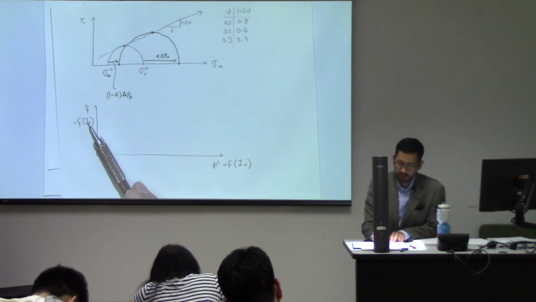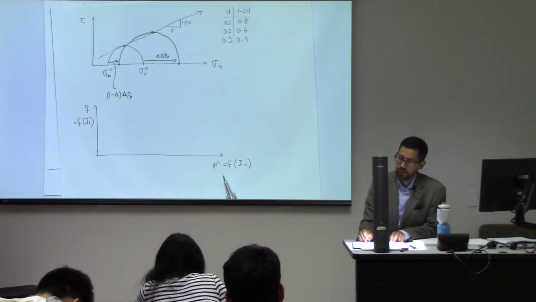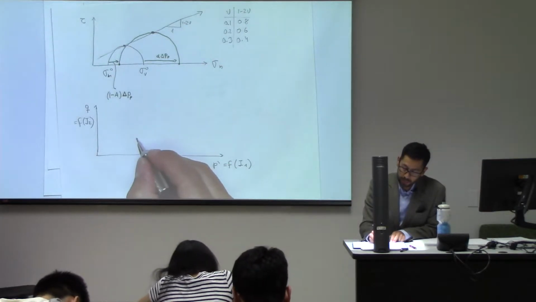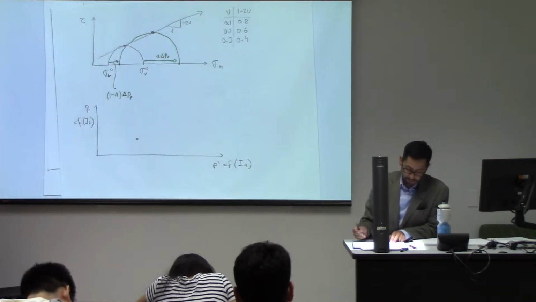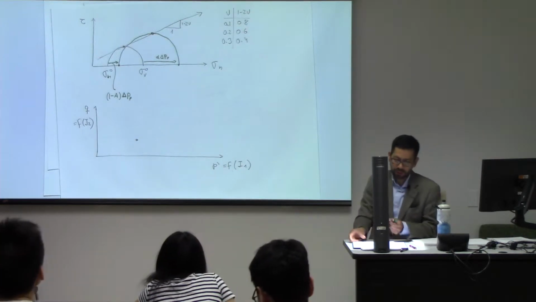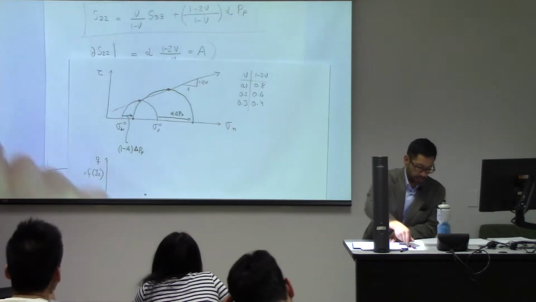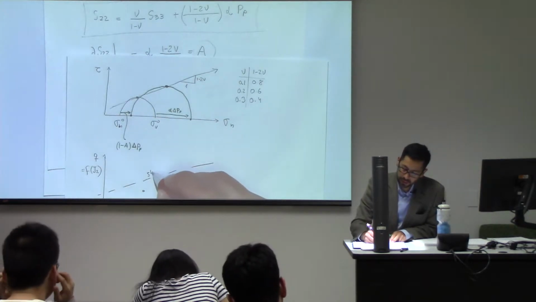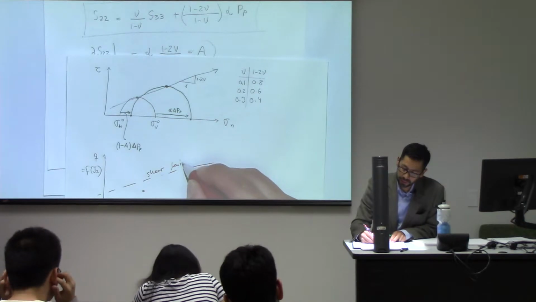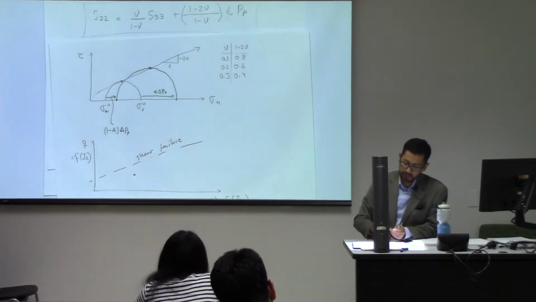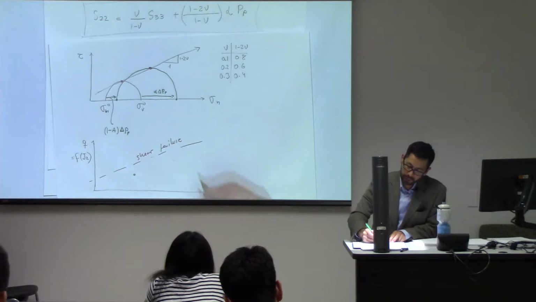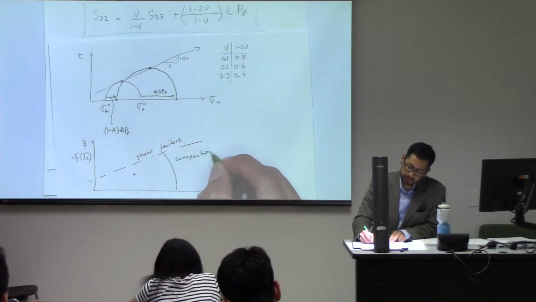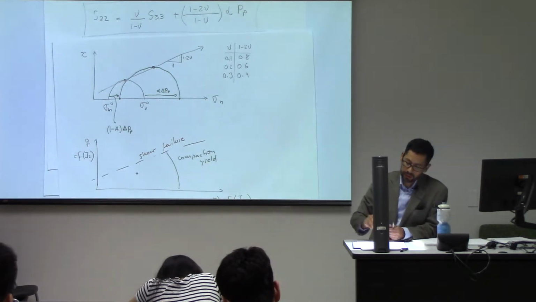This one quantifies shear stress, this one quantifies mean effective stress. If we start at some point over here, similar as we saw before, let me see what colors I used. I used these ones. So somewhere over here, we're going to have our shear failure limit, and somewhere over here, we're going to have our compaction yield limit.